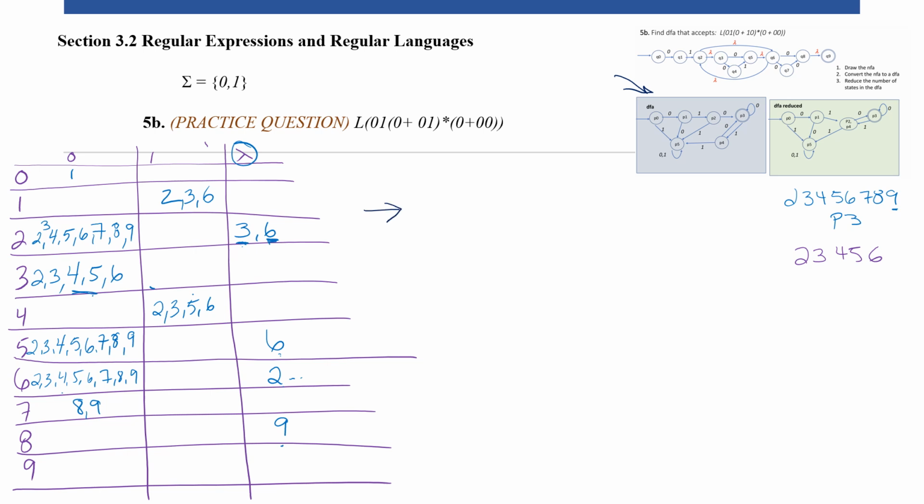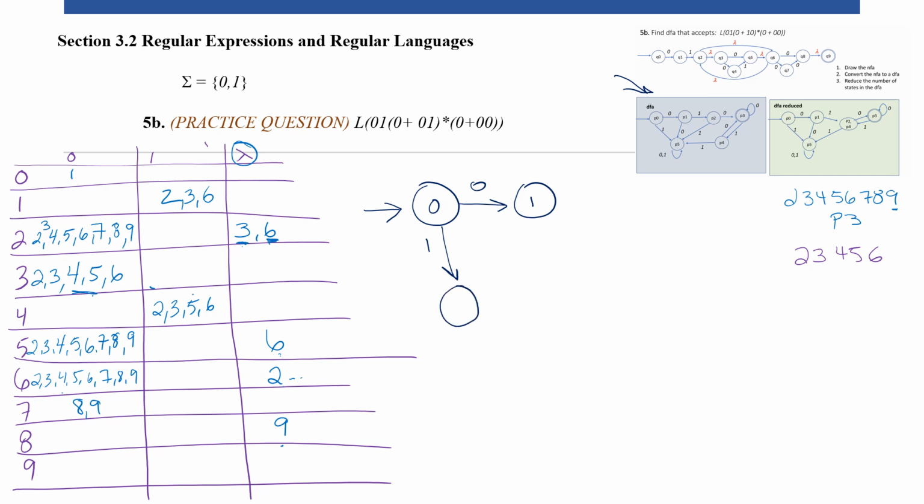So I'm going to start and 0 is my initial state. 0 with a 0, I can get to 1. And 0 with a 1, I don't go anywhere really. So I called it 5 there, but I don't really want to do that because I'm going to make these the combined states.